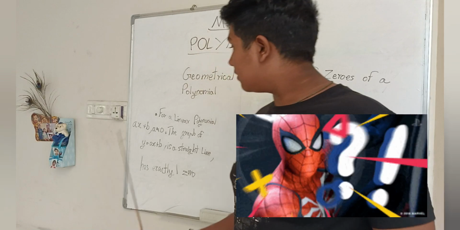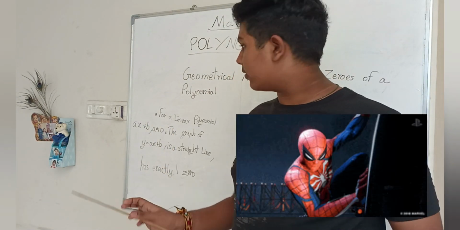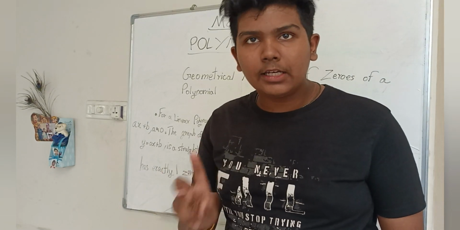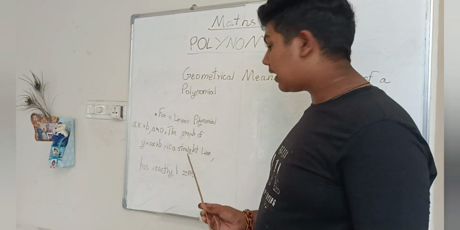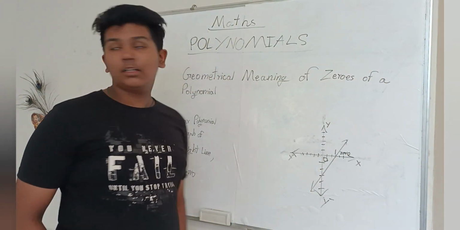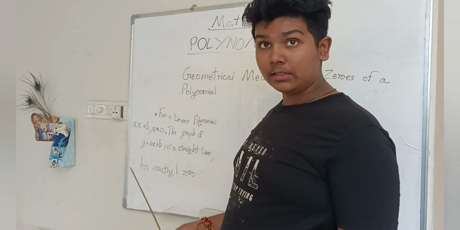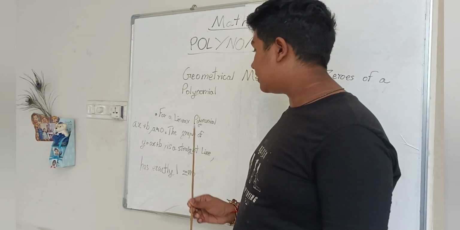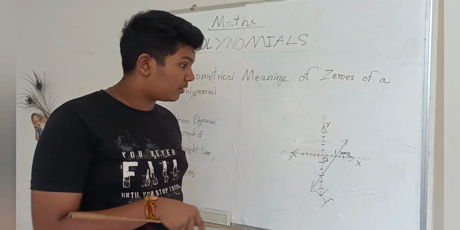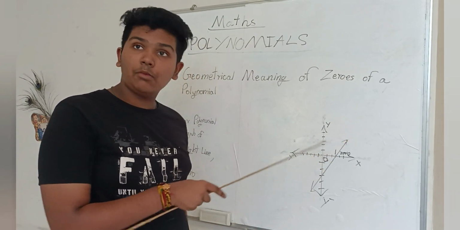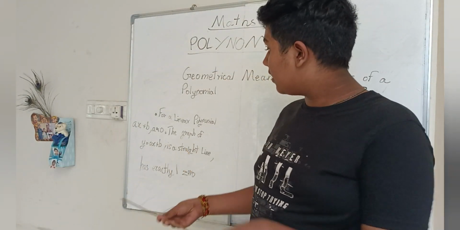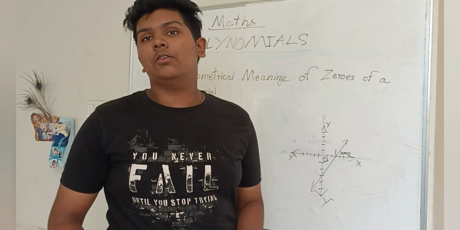So for first one, for a linear polynomial ax plus b, where a is not equal to 0, as you can see here is the graph. The graph y is equal to ax plus b is a straight line. This is the rough diagram. Since it's a straight line, it has exactly 1 zero.